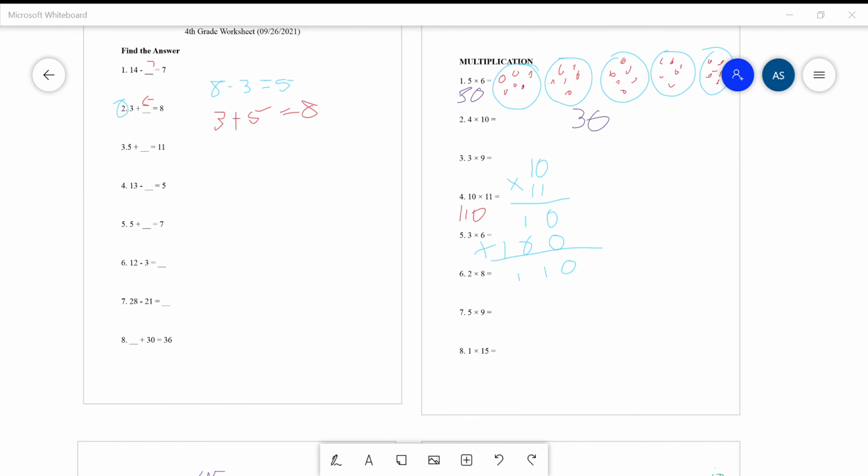Let me double check. Oh, the answers for the multiplication and the subtraction got switched, and the subtraction is supposed to be addition, not subtraction. Alright? So make sure to remember that when you're looking at this.